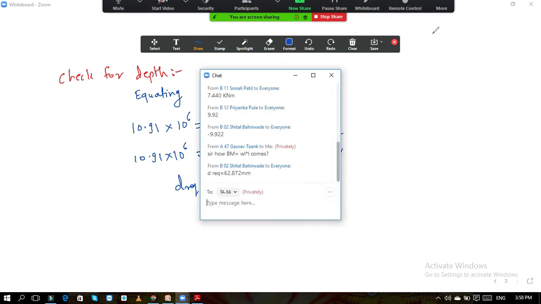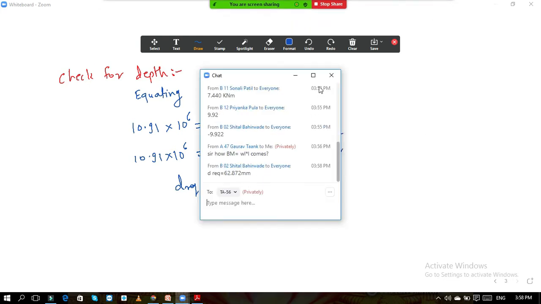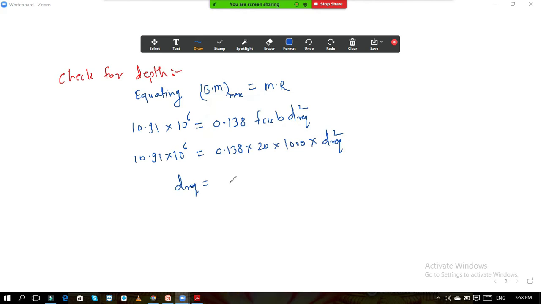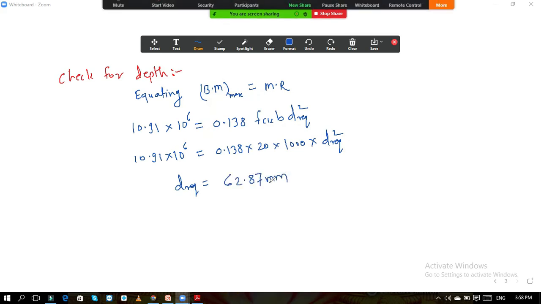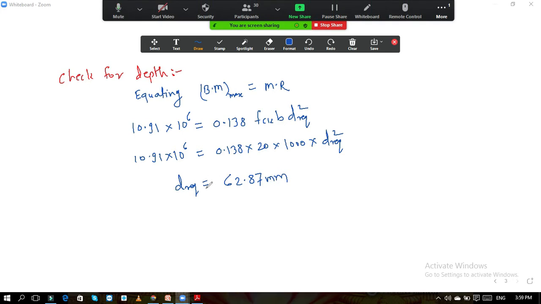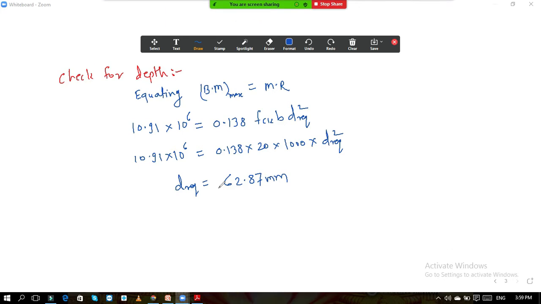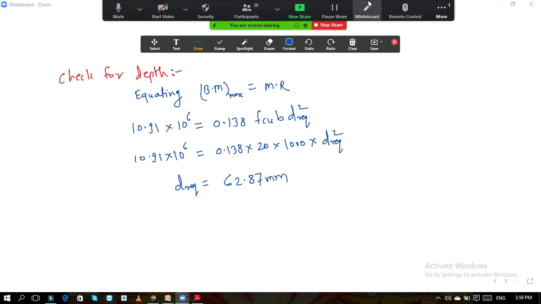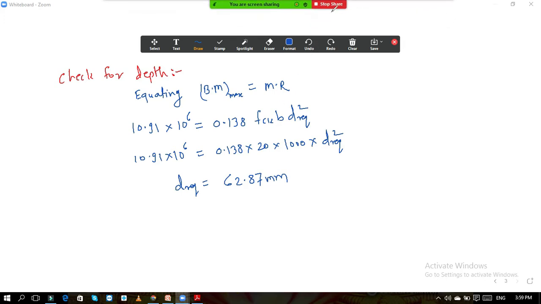Okay, so now D required is 62.87. Okay, D required is 62.87 mm. Now what is D provided? What D we have provided? I forgot that value. What is our depth? I think 100 mm. What depth we have provided? Let me know.